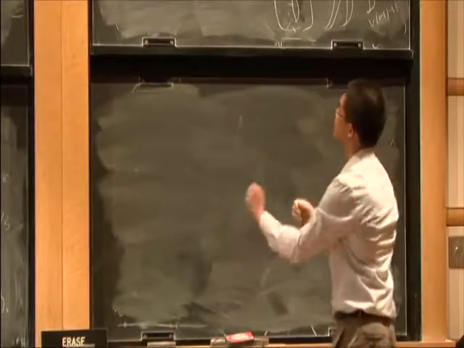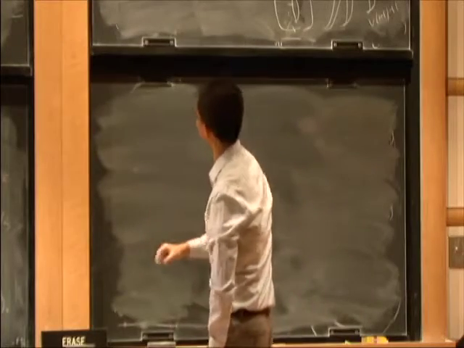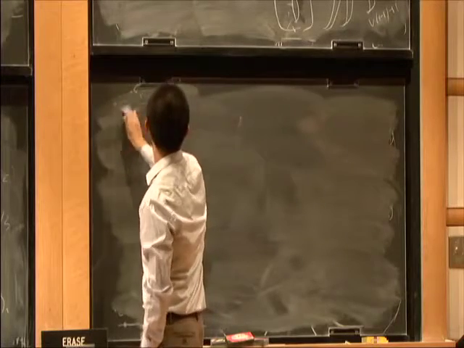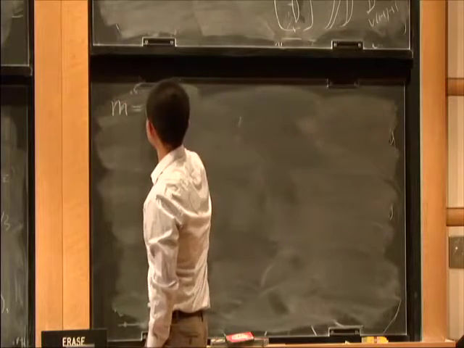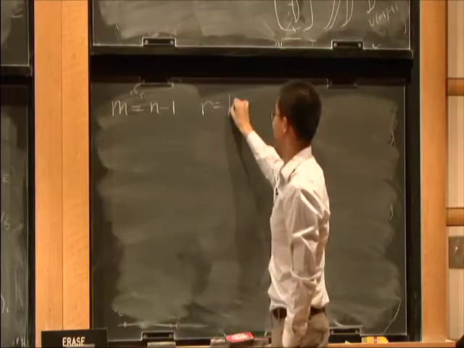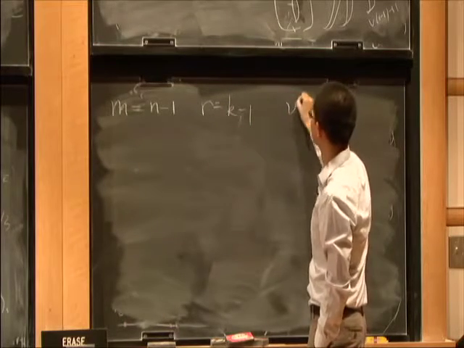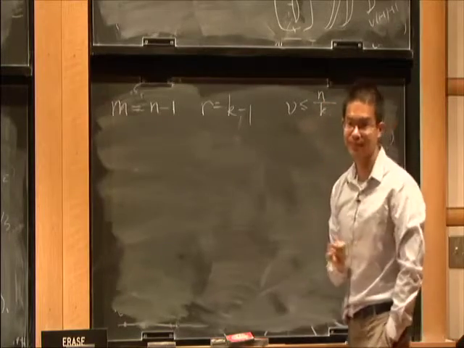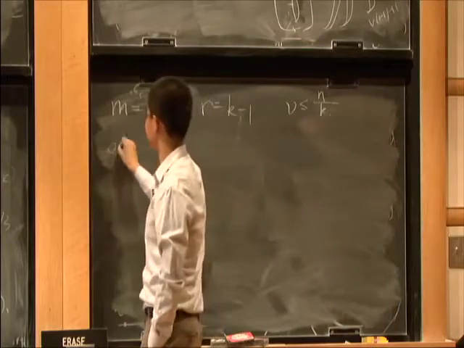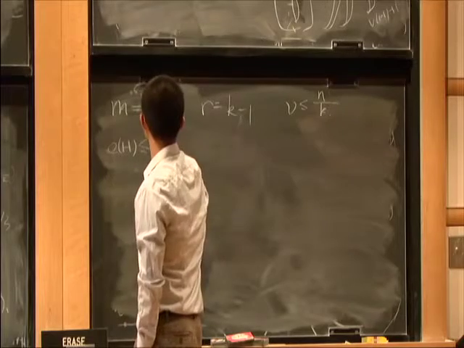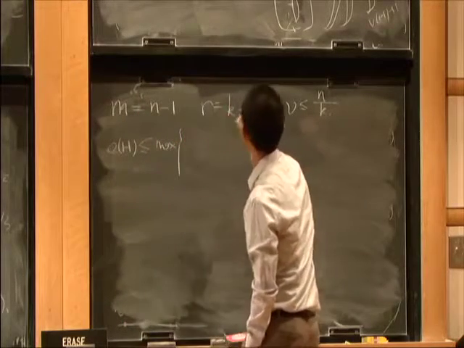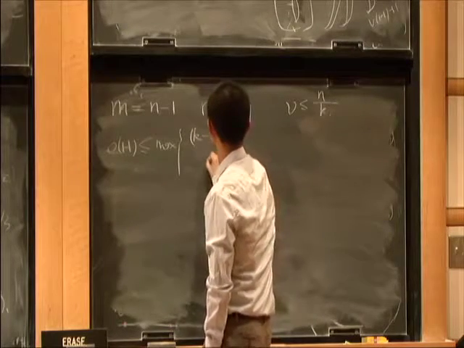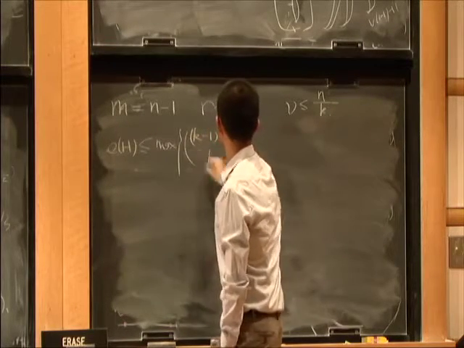the proof first. So if you just plug in everything into this Erdős conjecture, remember that we have a hypergraph with n minus 1 vertices. The uniformity is k minus 1, and the matching number is at most n over k, right? So if we plug everything in, you can see the number of edges is at most the maximum of, and I will not do the calculation too carefully, just show you roughly what it is.